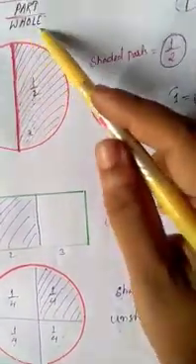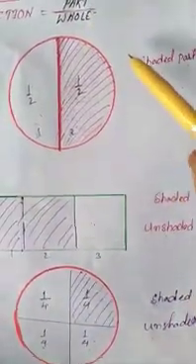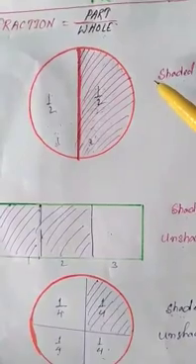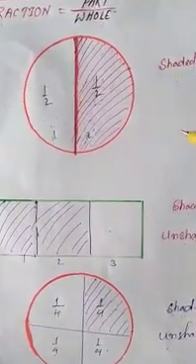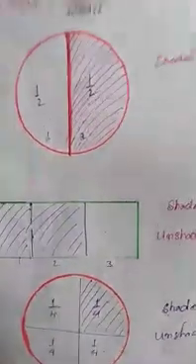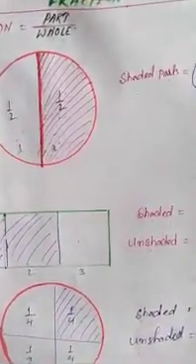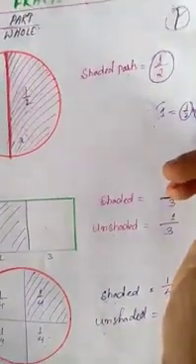So a fraction means the part divided by the whole. Fraction is a part of a whole. This whole could be a single object or a collection of objects. Children, when we divide a whole into equal parts, each part represents a fraction.